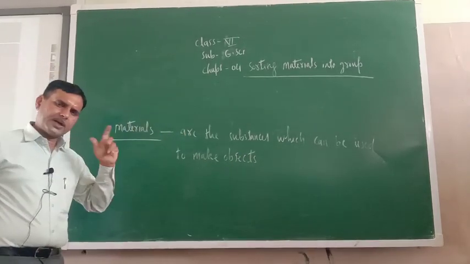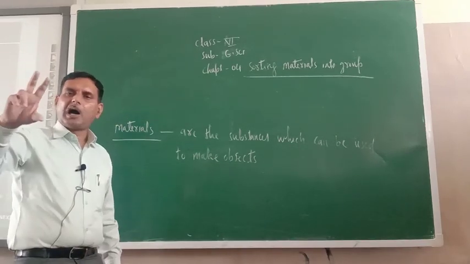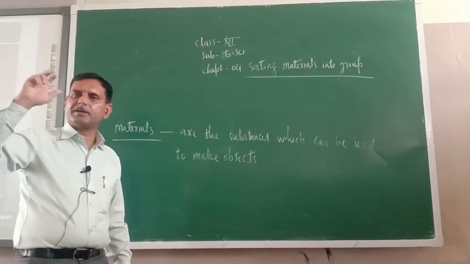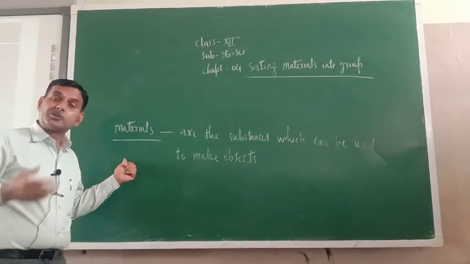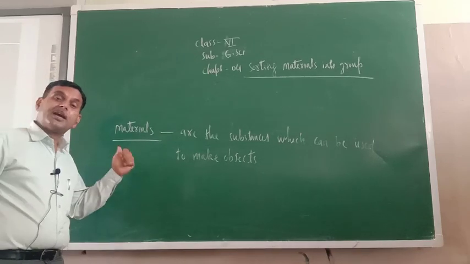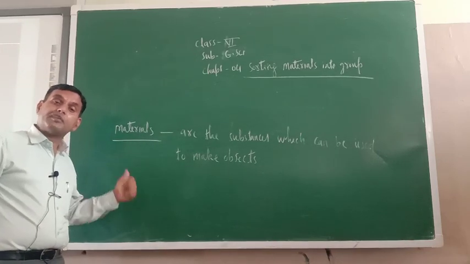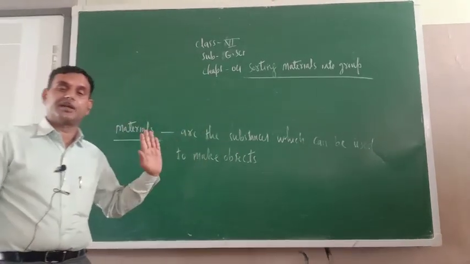Now what is the difference between material and object? An object has a definite shape, definite size, and it has a utility. Material also has a definite shape and size, but its utility may or may not be there. This is the basic difference between object and material.